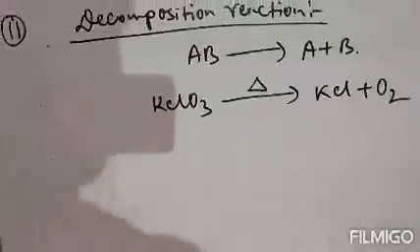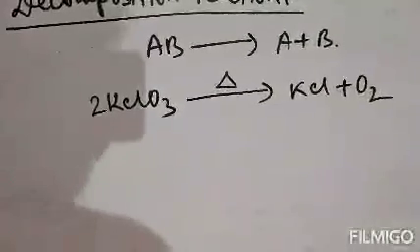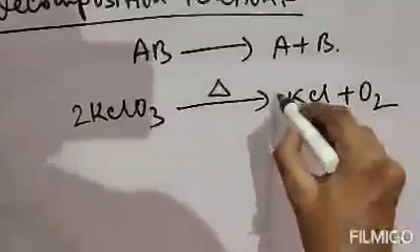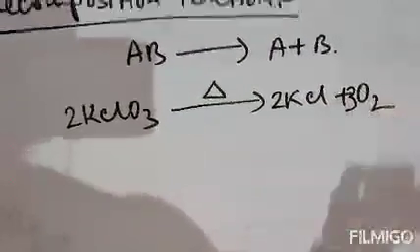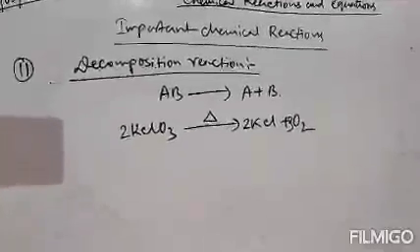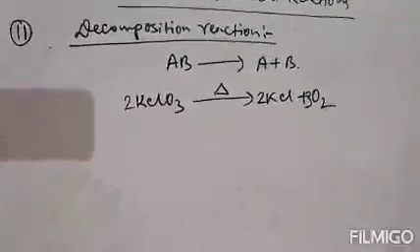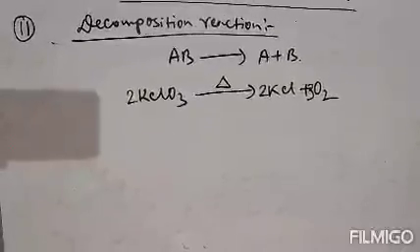Clear? If we balance this equation, this will be 2 KClO3, this will be 2 KCl and this is 3 O2. Clear? So we have just balanced the equation. So potassium chlorate, when heat is applied, breaks down into potassium chloride, that is KCl, and releases oxygen.